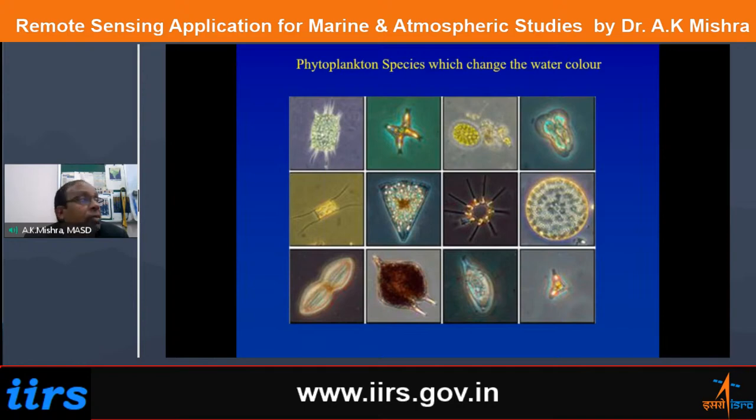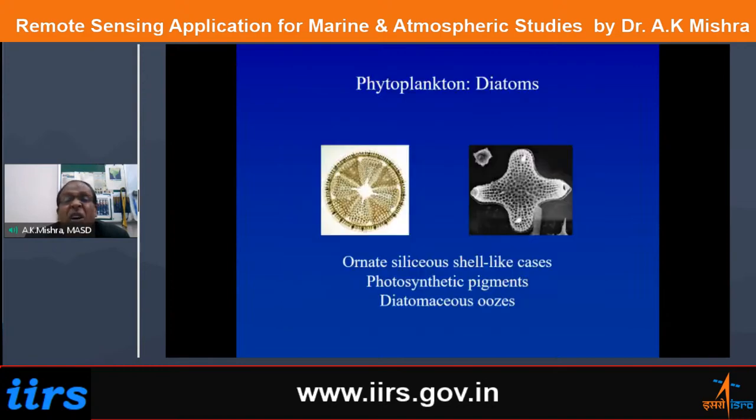They are having different shapes, sizes, so they scatter the light accordingly, and this phytoplankton are grouped as diatoms, and they have siliceous cell-like cases, and they have the photosynthetic pigments.